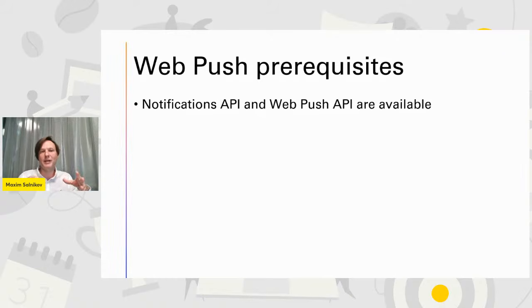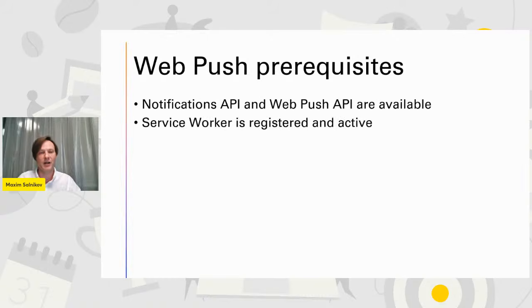I mean, the Web Push API is not relevant without the notification. I mean, we want not only to send a notification, but we also want the browser to actually display this. So this is why it's crucial that both APIs are available, depending on the platform and browser version. But you see on the previous slide, you've seen that 93% of the users are good with having this ready.